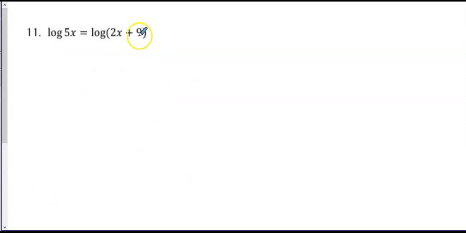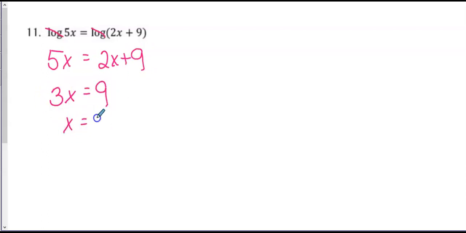All right, number 1, we have 2 log base 10s, so we can just cancel out the log and then set up 5x equals 2x plus 9. Okay, let's check.